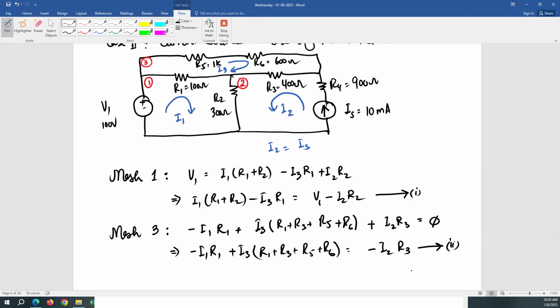Again, make sure if you're writing it, you're understanding it. Don't just copy it, write it once you understand it. Look at the circuit, look at the equation, and if you have questions, then ask.